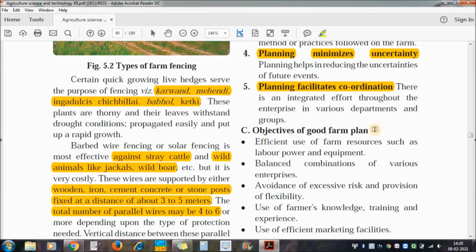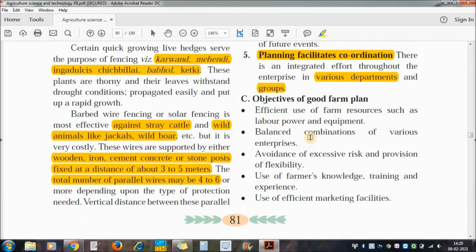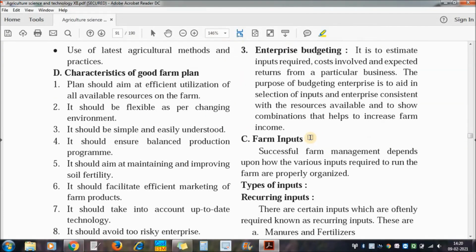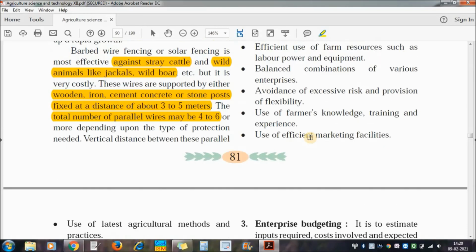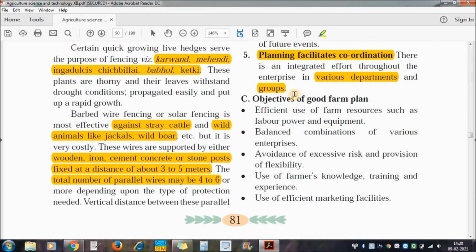Efforts are to be taken to have coordination amongst different departments and groups. This is all about farm planning. Let us stop here. In the next lecture, we shall study the objectives of a good farm plan.